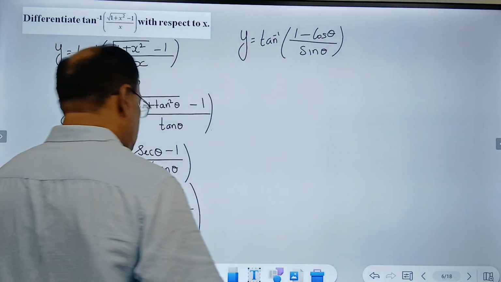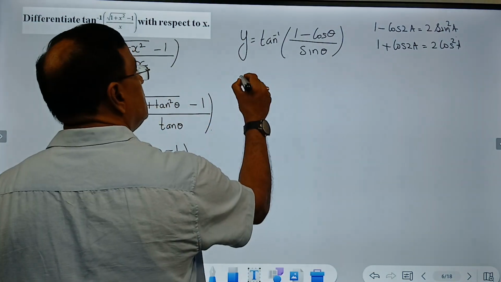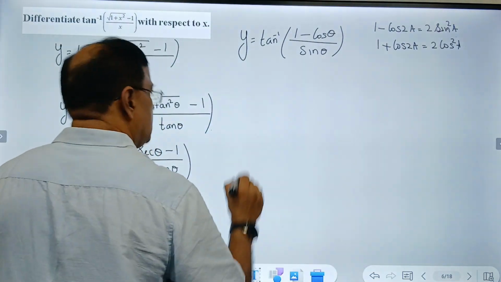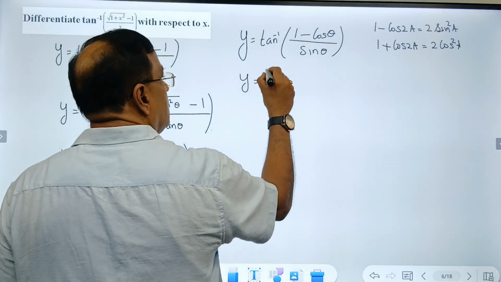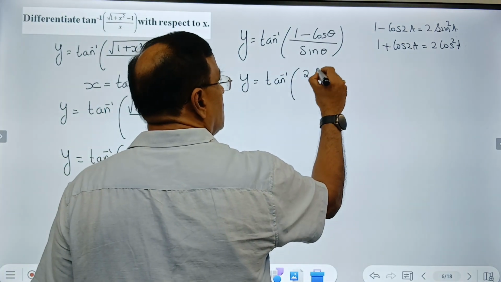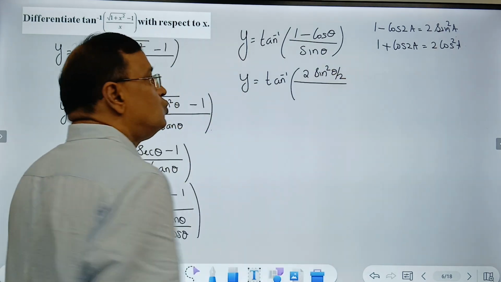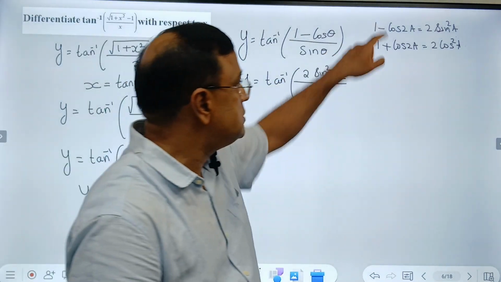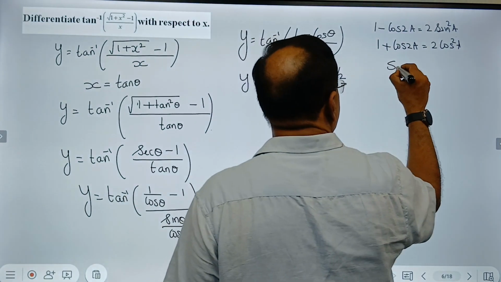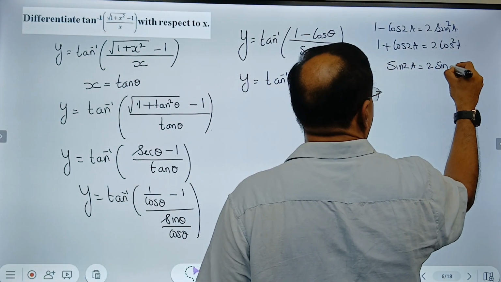But again, I am using this formula. What is 1 minus cos theta? We keep using this again. Tan inverse of, it is 2 sine square theta by 2. I am using this. And what is sine 2a formula? Sine 2a formula is 2 sine a cos a.